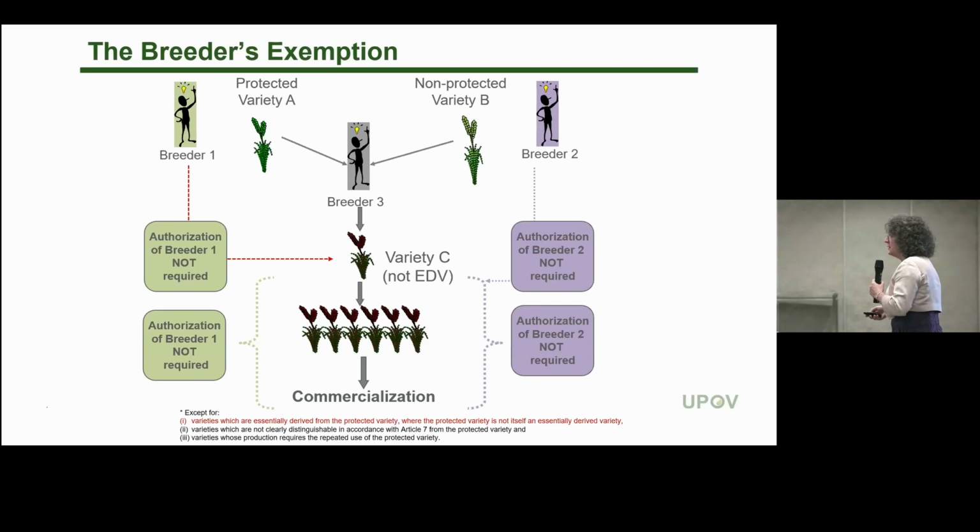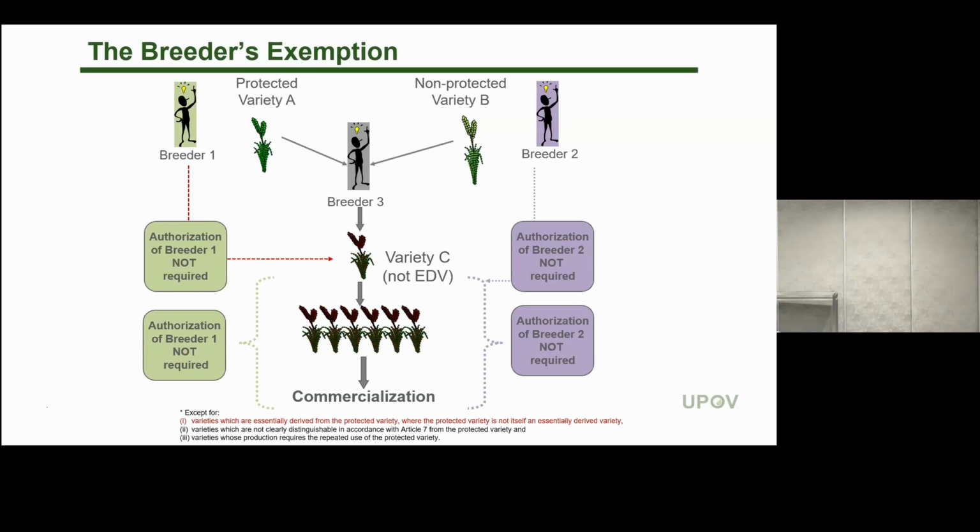Then we also heard that one of the key benefits of the UPOV membership is the breeder's exemption, whereby all protected varieties that are available in the market could be used for further breeding without the authorization of the breeder. And I would like to highlight, I don't know if there is a pointer here, but if we look, the breeder's exemption has two parts. The first part relates to the development of a variety, let's say variety C, and for that, you don't need the authorization of the breeders of the protected varieties.